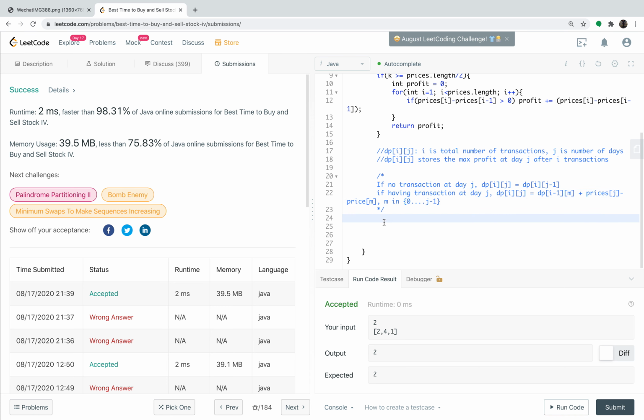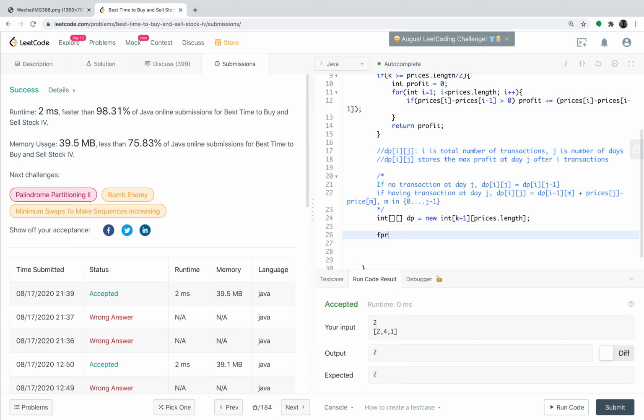So let's see how to write the code. Actually, the first part is the same as we mentioned. So right now the difference is that we have to open a two-dimensional dynamic programming array as dp, where the row number should be k plus 1, and the row length should be the prices array's length.